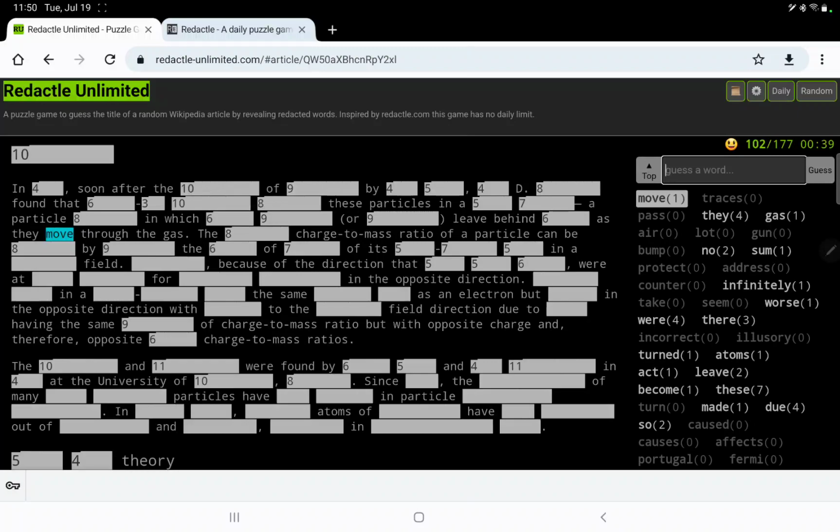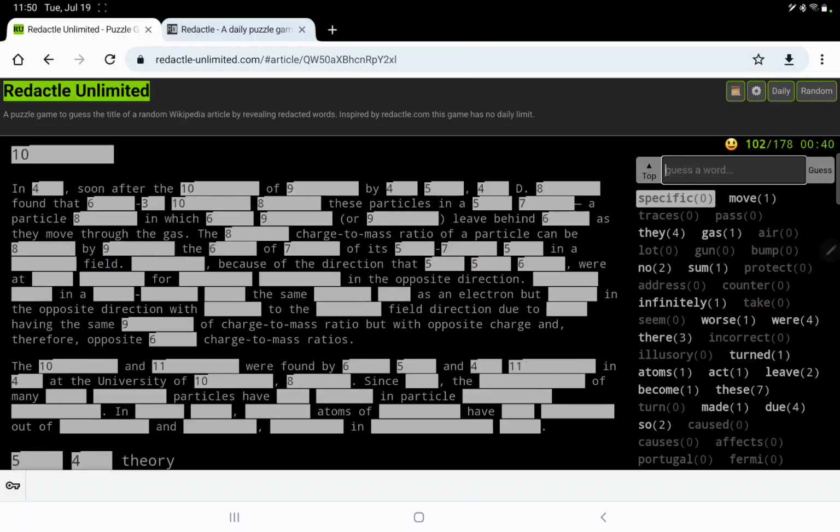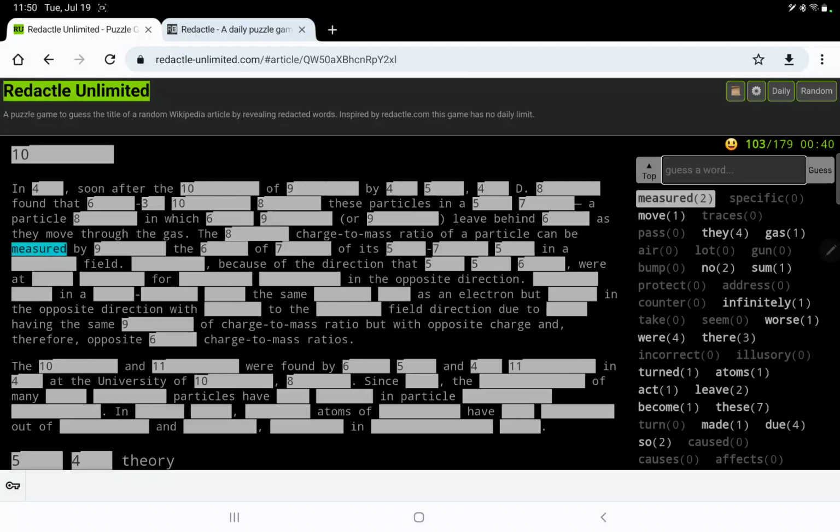The something charge to mass ratio. The specific. No, the something charge to mass ratio can be measured. Oh, there we go. Finally, I got that word. That one's been bugging me for a while.